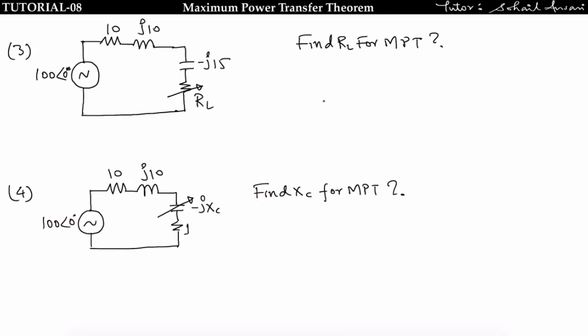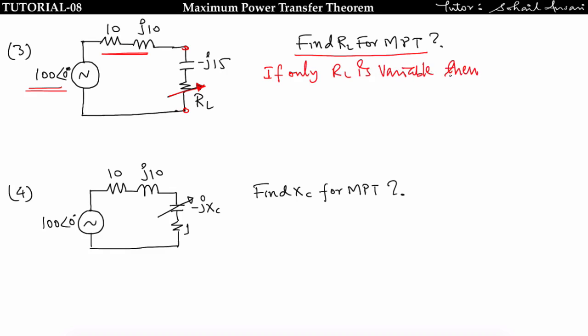Let's see this problem. In this problem, one AC voltage source in series with an impedance having 10 resistance part and J10 reactance part is connected with a load. This is my load, and in this load only RL is variable. Remember the shortcut which I have told you, that if only RL is variable, then for maximum power transfer RL must be equal to mod of constant.